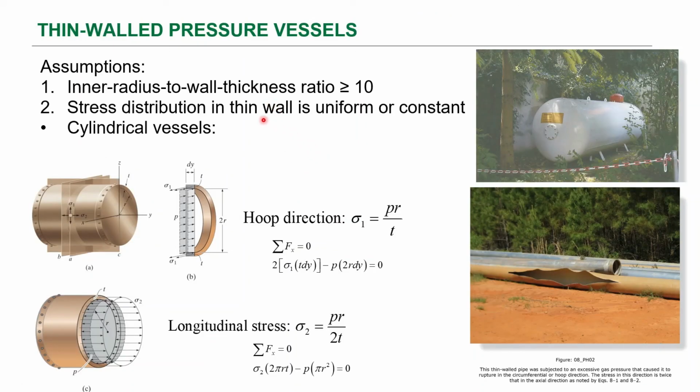If we have thin-walled cylinders, which is what we use for pressure vessels, to avoid failure, explosion through the surface, we need to make sure that the inner pressure does not exceed the hoop stress or the longitudinal stress. The hoop stress comes from the stress balance of the pressure acting on this projected area.